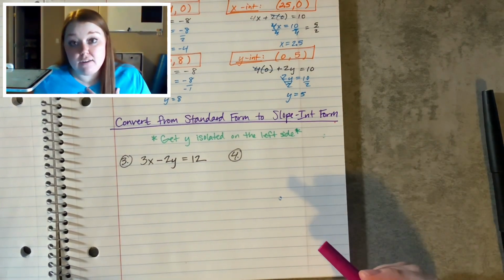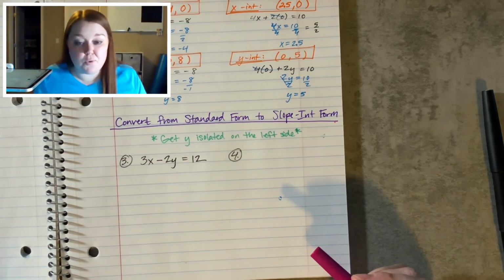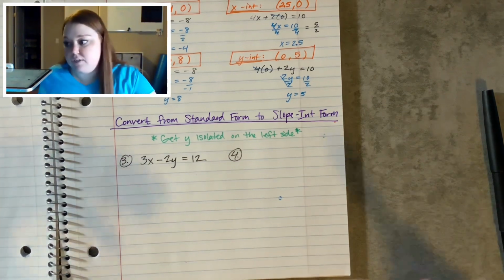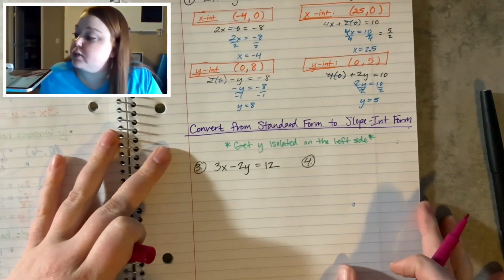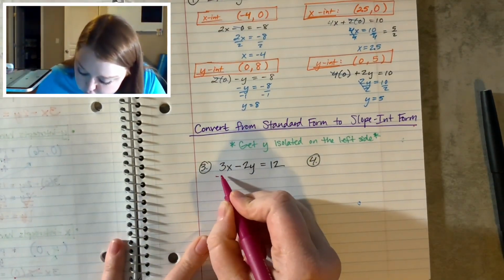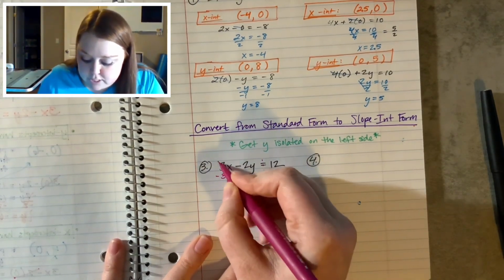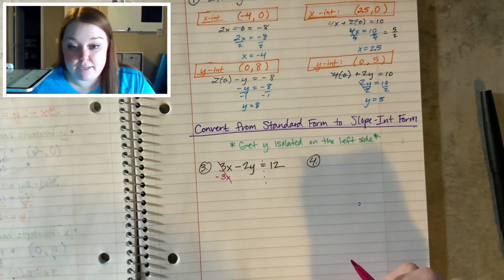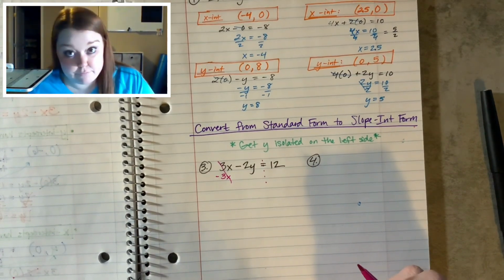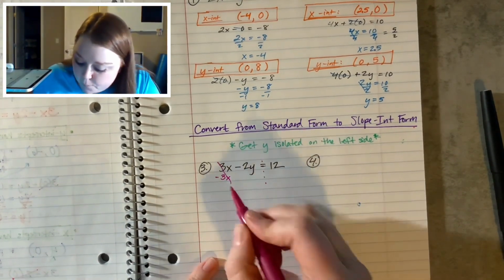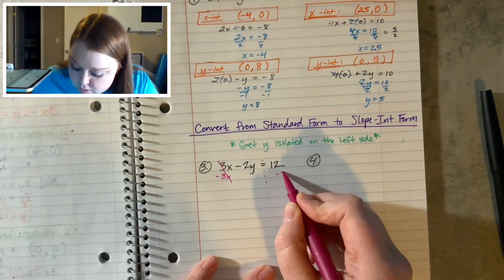I can do that as long as I follow the golden rule. Whatever I do on one side, I do to the other. So here's what that would look like. I'm literally going to subtract 3x, because 3x minus 3x is 0x, aka 0, aka nothing. It cancels out to nothing. Whatever I do on one side, I have to do to the other.